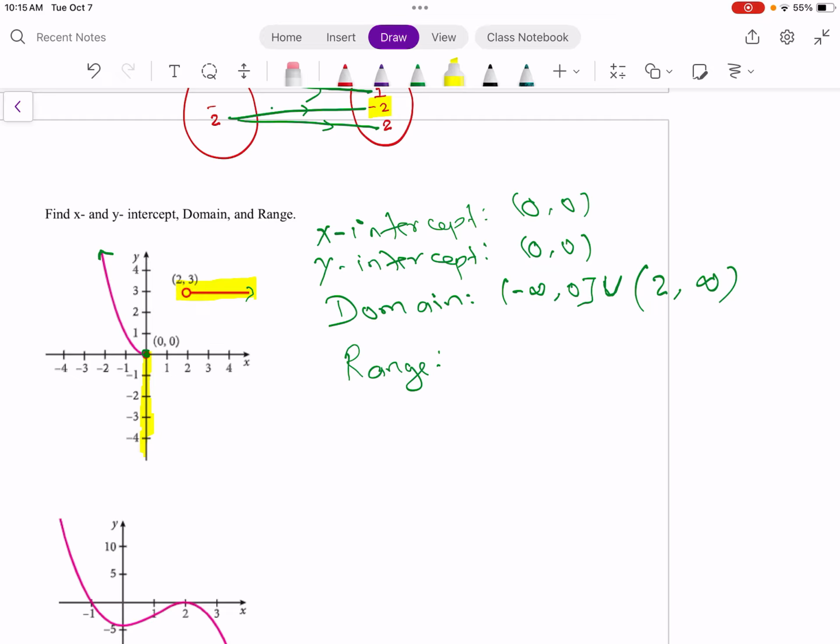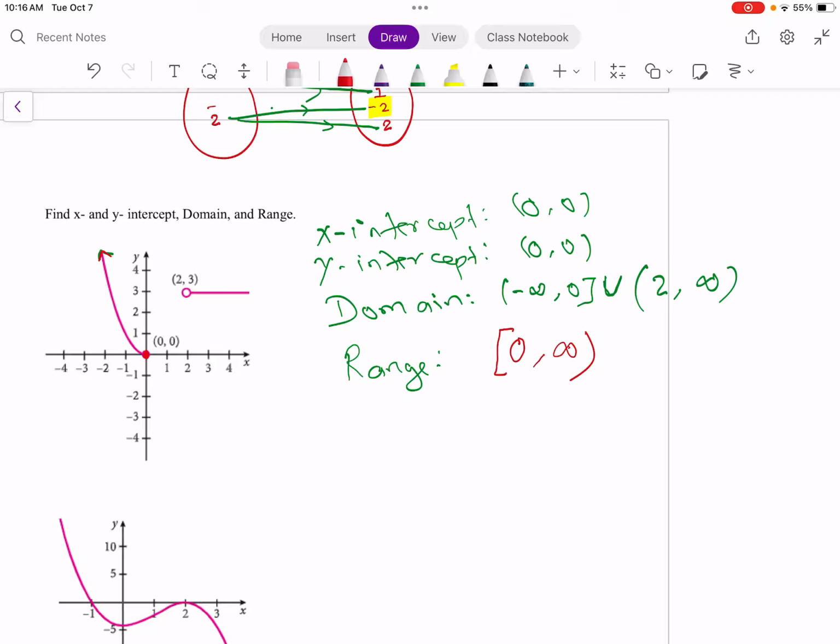What is the smallest y value this graph can have? 0, right? Because the graph touches the x-axis here, and if you extend your graph, then it can go all the way up to positive infinity. So from 0 to positive infinity, 0 is included because we have a closed circle, and a parenthesis with infinity. So from 0 to infinity is the range for this graph.